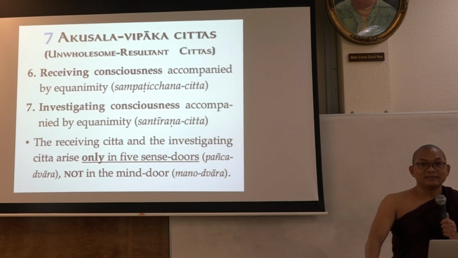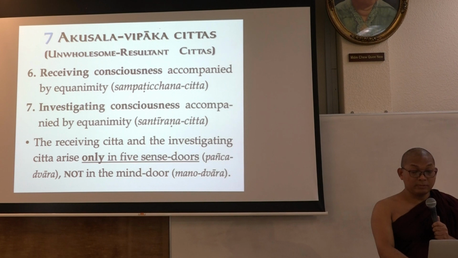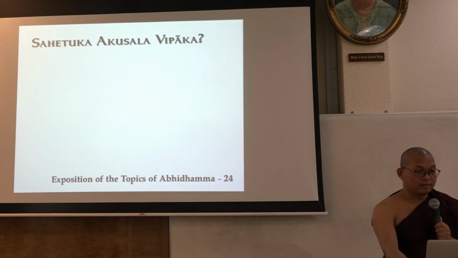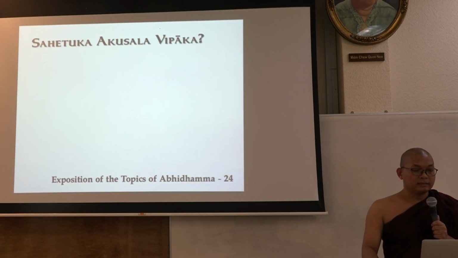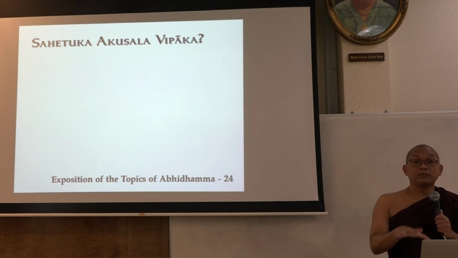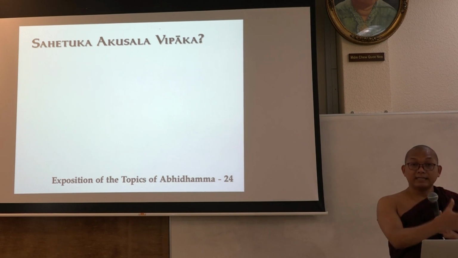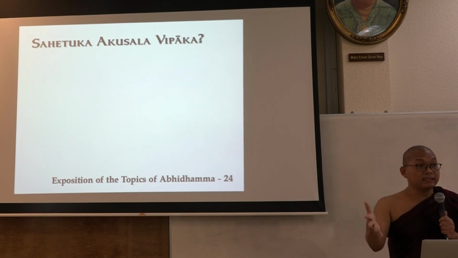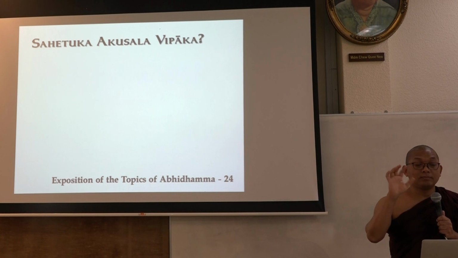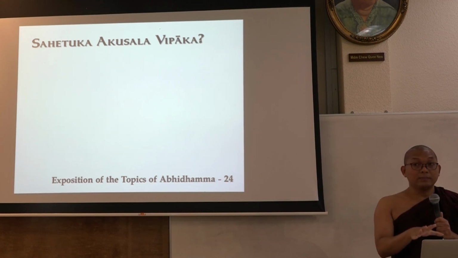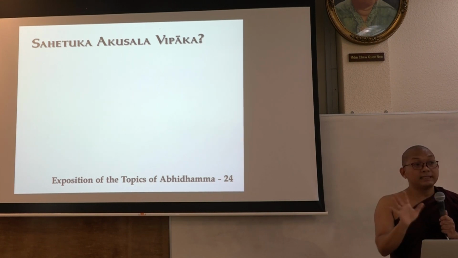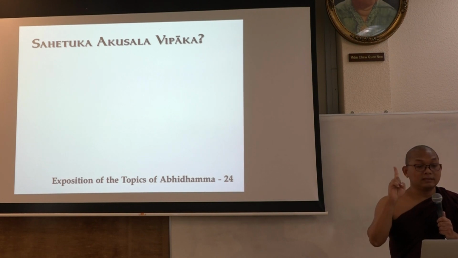Okay. No question. Then somebody asked me a question about any sahetuka akusala vipaka chetasika. When we talk about kusala vipaka and kriya, we have ahetuka as well as sahetuka. But when you talk about akusala vipaka, there is no sahetuka, only ahetuka akusala vipaka.